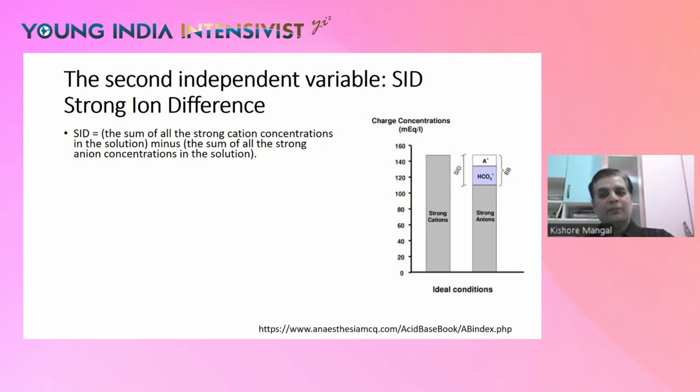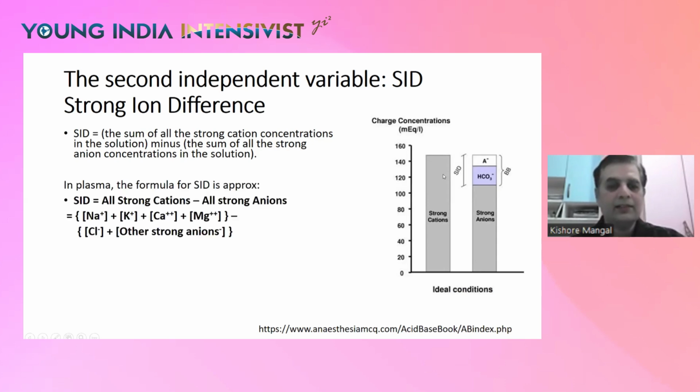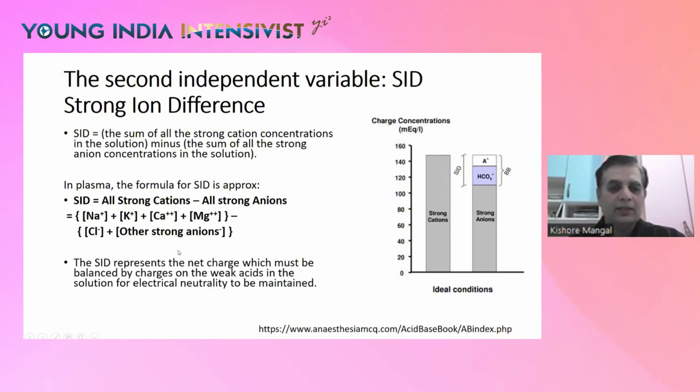Coming to the second variable, which is SID, it is known as strong ion difference. We have already discussed that it is the sum of all the strong cation concentrations in the solution minus the sum of all the strong anion concentrations in the solution. So here these are the strong cations, strong anions, and the difference between the two is the SID in the ideal condition. And ultimately, SID represents the net charge which must be balanced by charges on the weak acid in the solution for electrical neutrality.